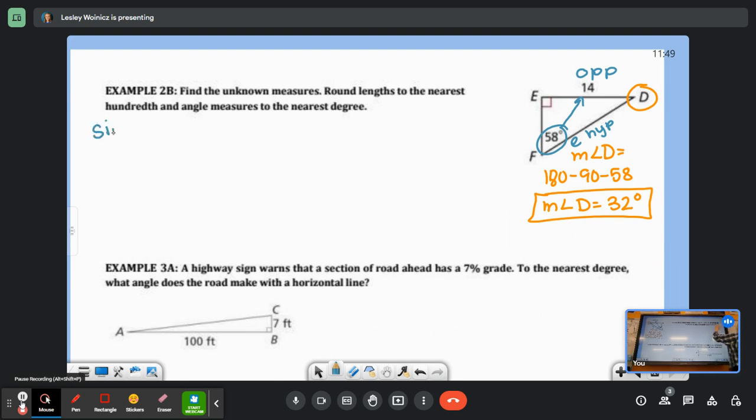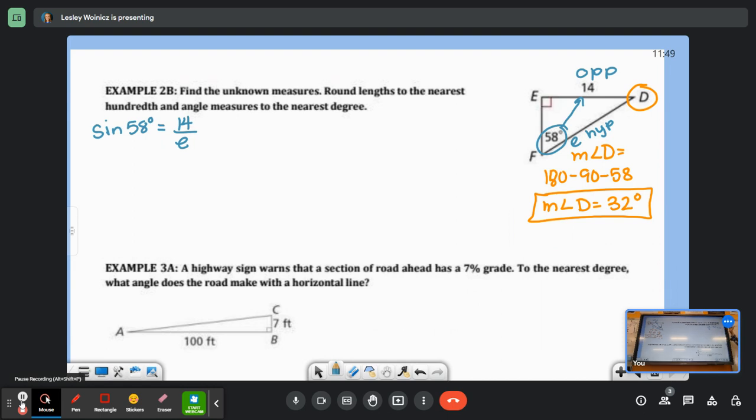So the sine of 58 degrees equals 14 over E. Do we have to use the inverse sine for this one? No, because we're not trying to find an angle. Okay, we already know that we're doing the sine of 58.